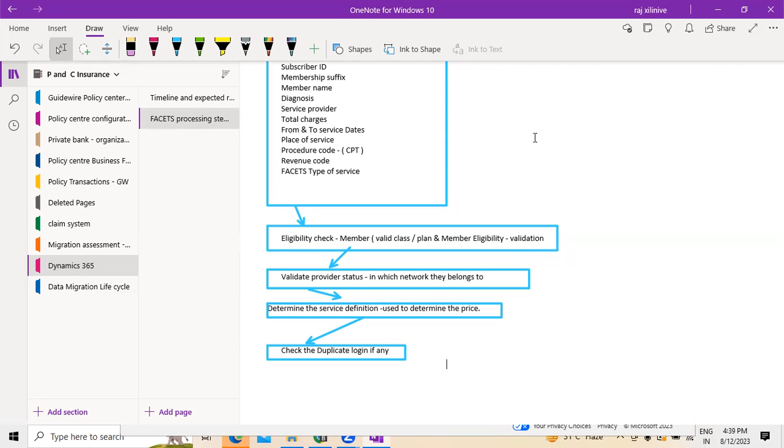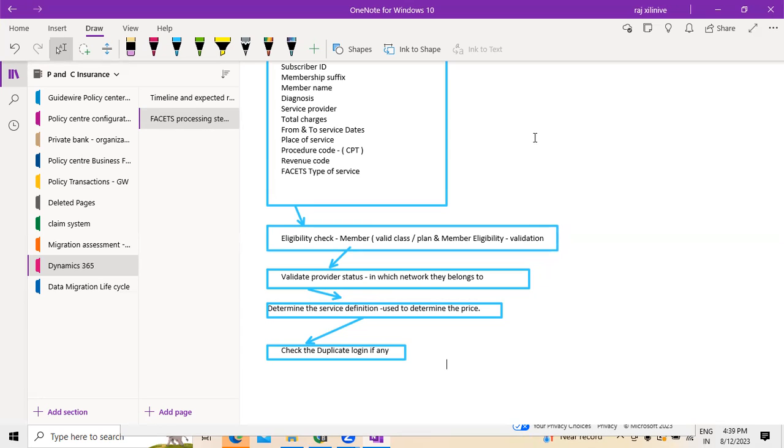If there is any rejection on these grounds, it could happen. There is a possibility that, due to duplicate logins also, a rejection will take place. That's the reason why the claim scrubber is important.